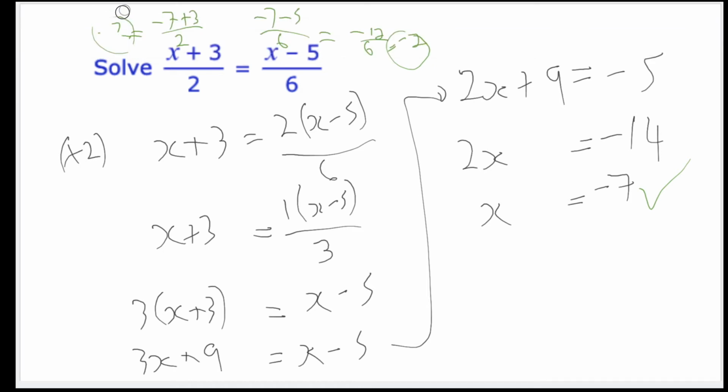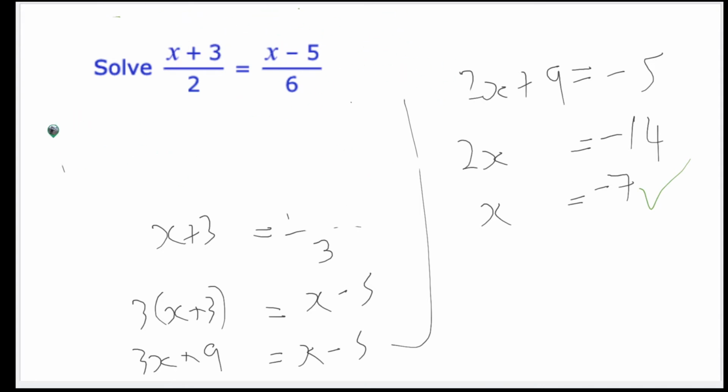I can do this in one step because, instead of dividing by 2 and then by 6, if I times by 6, because 2 is a factor of 6, then I can get rid of both that way as well. So I'm just erasing this. You should see I'll get the same answer. The advantage of this way is that I only have to deal with one fraction, it deals with both at the same time. Okay.